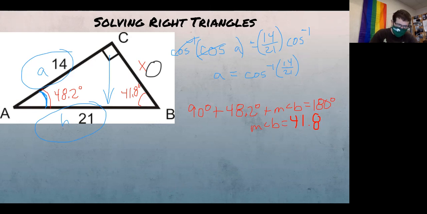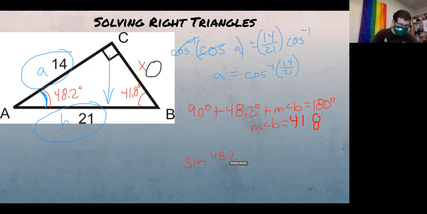So if we do set it up as sine, and remember there are different ways we could solve for this. If you see it differently, by all means, go a different route. But if we set it up this way, which angle should we be using sine with? Is it the 48.2 or the 41.8? 48.2. It would be the 48.2.